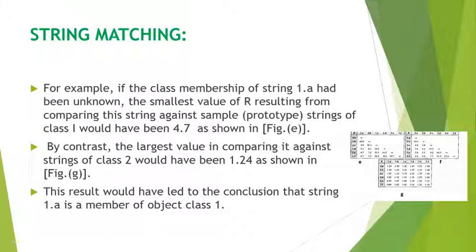But if we consider table G, matching with the second image, the largest value possible in this table is 1.24, which is even less than the smallest value of table E. So from this we can conclude that the similarity is more in the case of 1.f in table E, that is, when we compare 1.a with 1.f instead of comparing 1.a with 2.a. From this we can say that the 1.a string belongs to the class object 1.